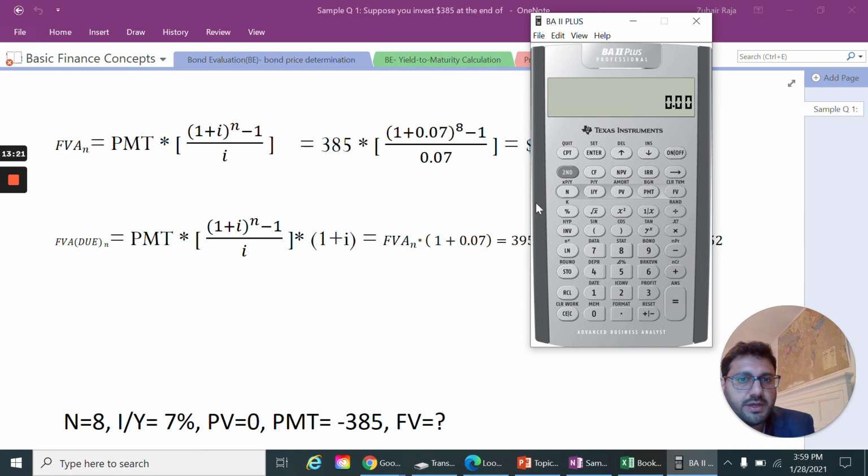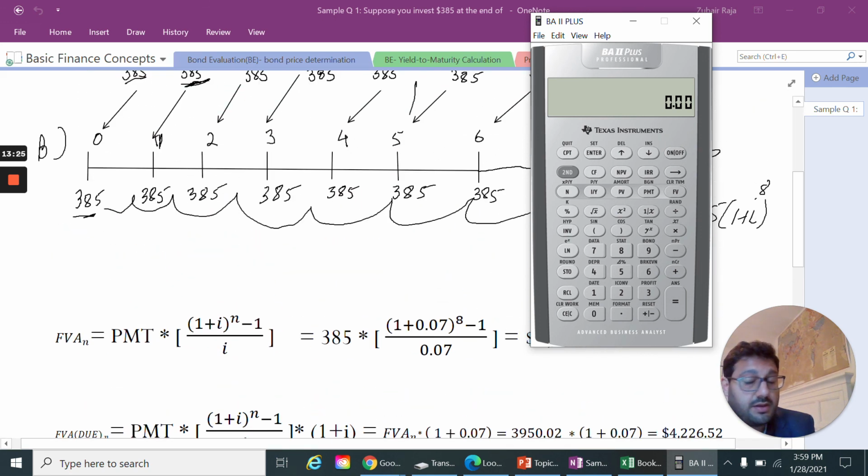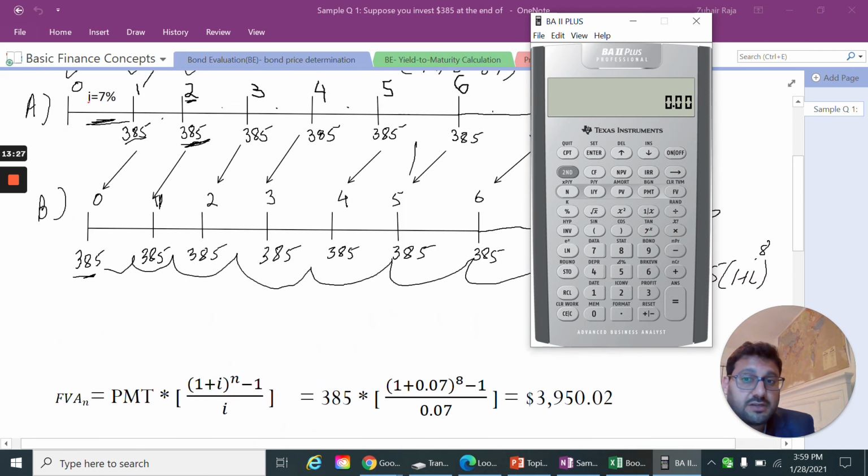Now, n is how much? We know that n is 8 periods. There are 8 periods involved. Strange thing is that the first cash flow has the opportunity to earn interest for only 7 periods. But remember, this first period we also need to count, because this is the first period after which the first payment of the annuity came.